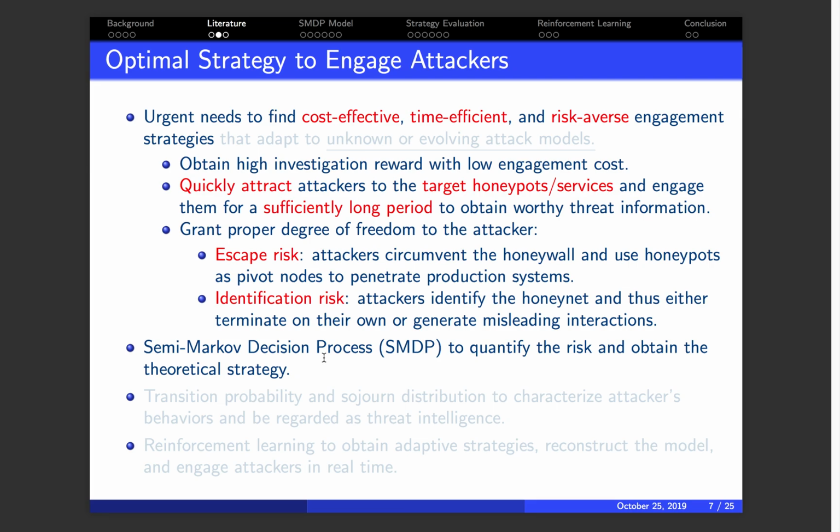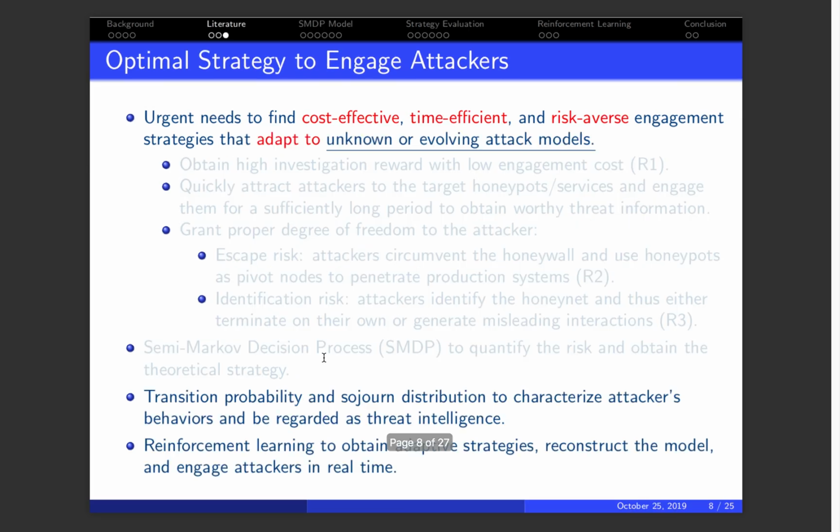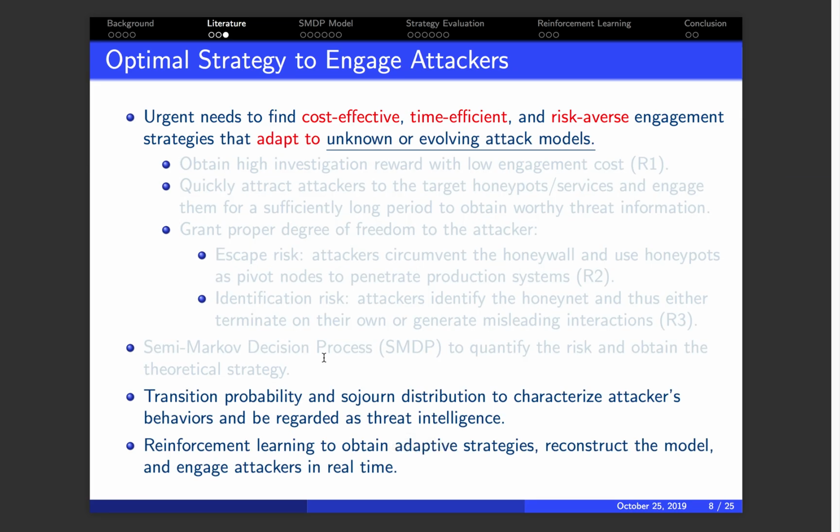To quantify the risk and obtain the optimal strategy to engage attackers, in this work we apply the Semi-Markov Decision Process (SMDP) to model the attacker's behaviors. Besides these three properties of the engagement strategies, we also want it to adapt to unknown or evolving attack models.